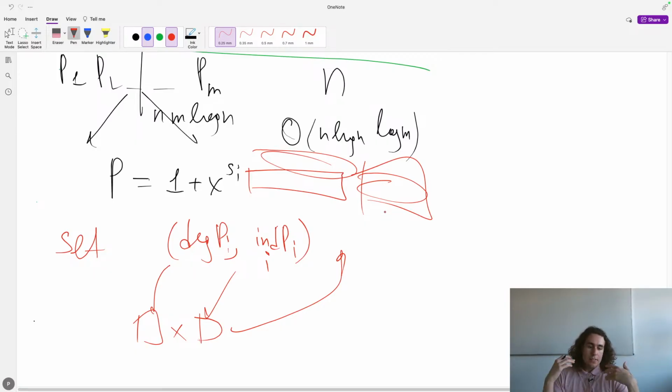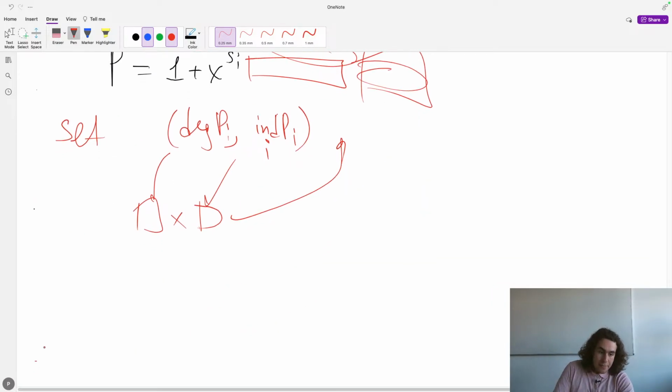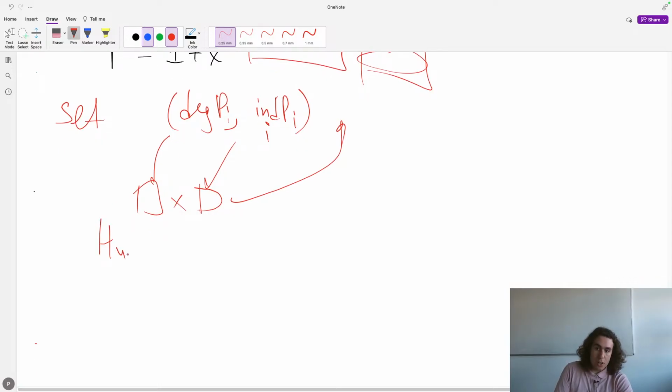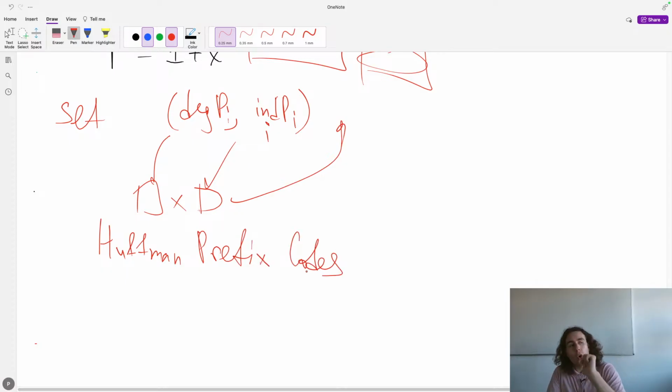And this is basically the same thing as Huffman codes, if you have heard of this thing, right? When we're trying to encode a bunch of words using binary strings so that no code word is a prefix of another, we also construct some tree, and we always take the two words that appear the least number of times, and we combine them together into one word, and then we continue.